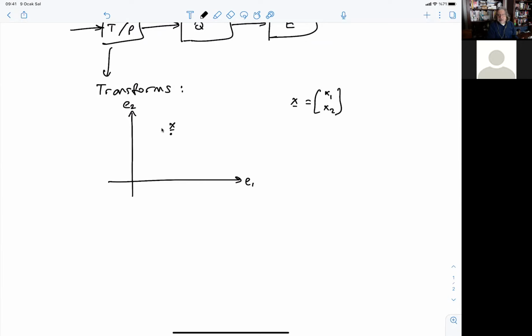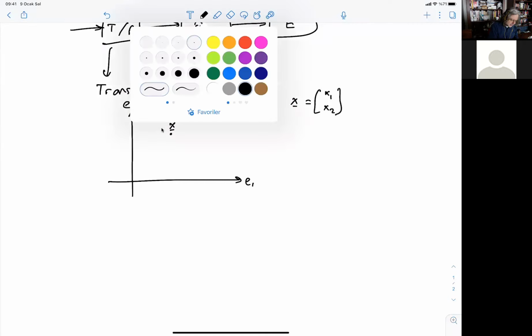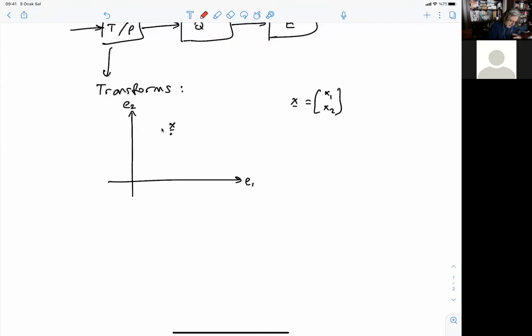A transformation is essentially another way to look at this signal, and the other way to look at it is from a different frame. For example, we can rotate these two axes by some angle. Okay, let's call these new coordinates F1 and F2, which are not 1, 0 and 0, 1, but some different things.